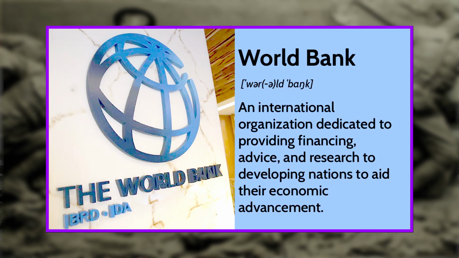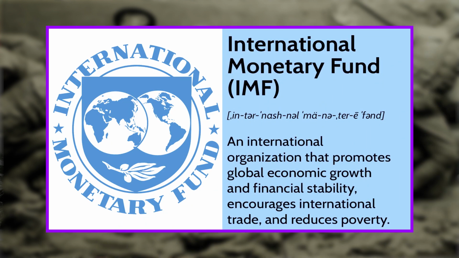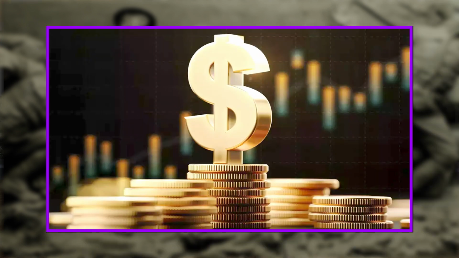It drew up a project for the International Bank for Reconstruction and Development, now known as the World Bank, to make long-term capital available to states urgently needing such foreign aid, and a project for the International Monetary Fund to finance short-term imbalances in international payments to stabilize exchange rates. Also, the US dollar was established as a reserve currency for world trade.